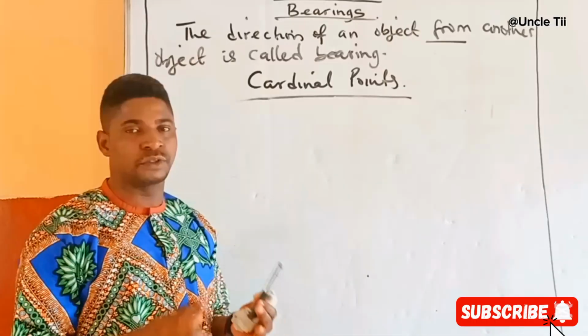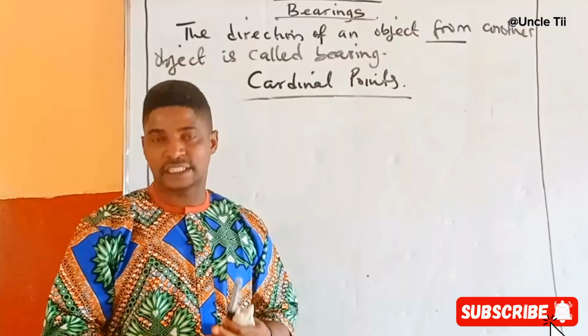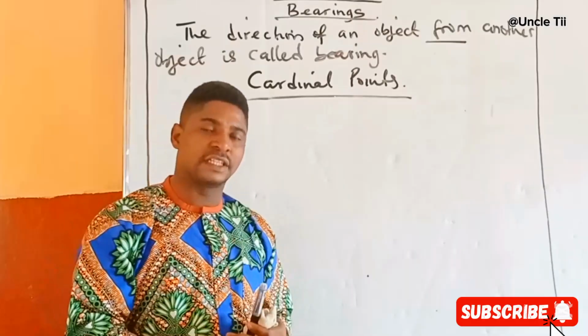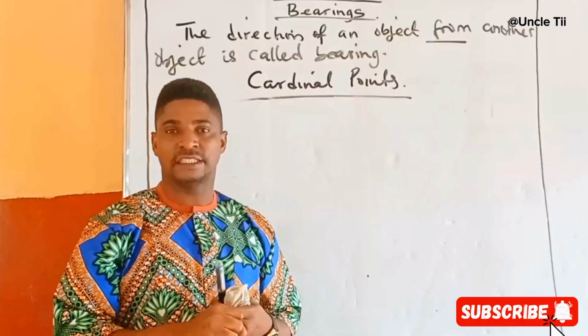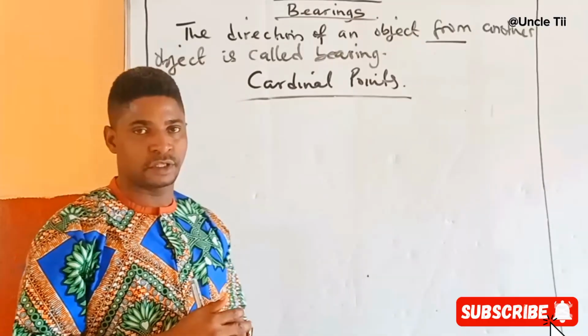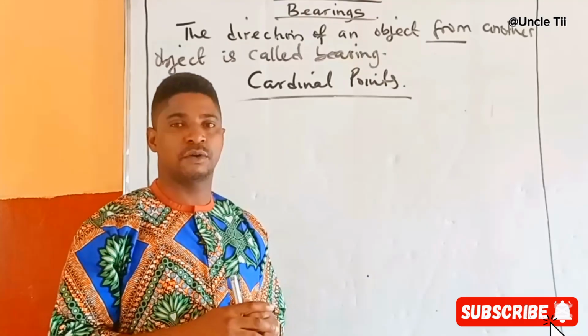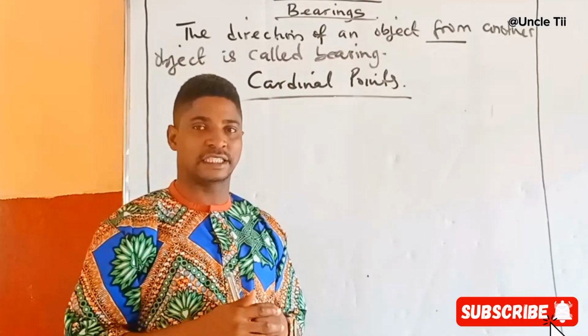And of course, you know that we have the 4 cardinal points, the 8 cardinal points, the 16 cardinal point grid referencing, as well as the 32 cardinal points grid referencing. For the purpose of this class, we are going to dwell on the 4 cardinal points and the 8 cardinal points.